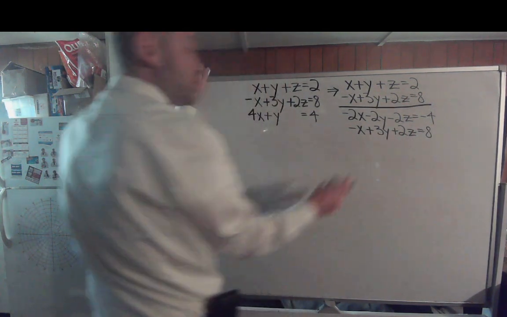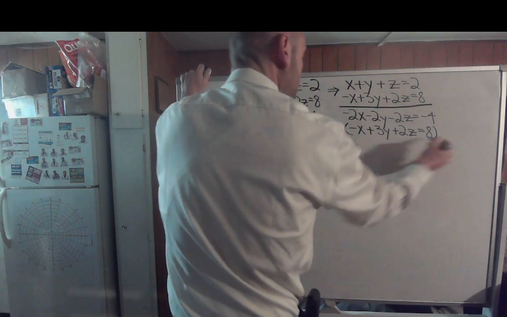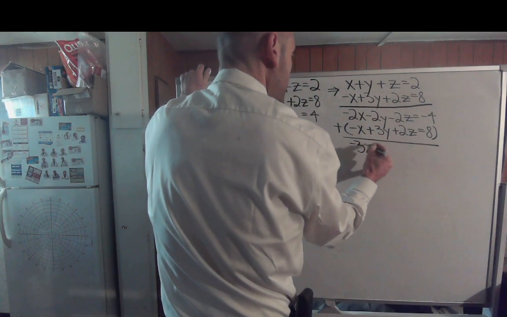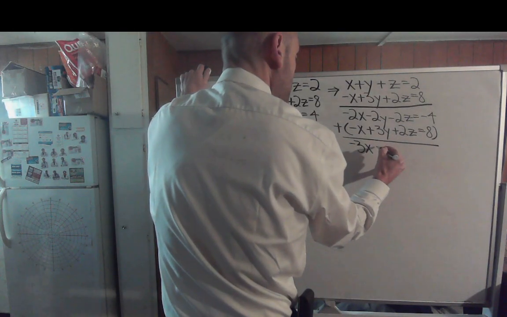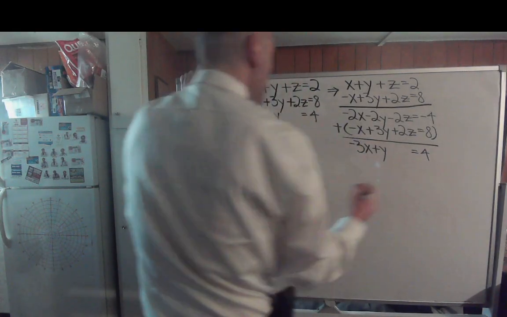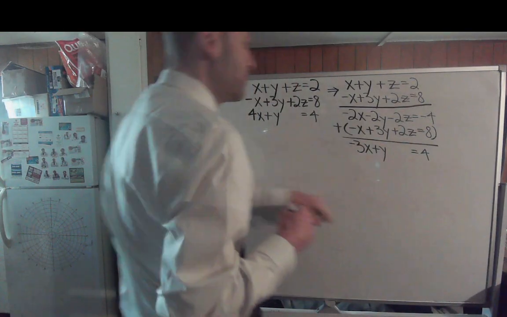Now all of a sudden we can eliminate the z's if we go ahead and add these two equations together. You should get negative 3x plus y. The z's are gone. That would give you 4. So you get negative 3x plus y equals 4.